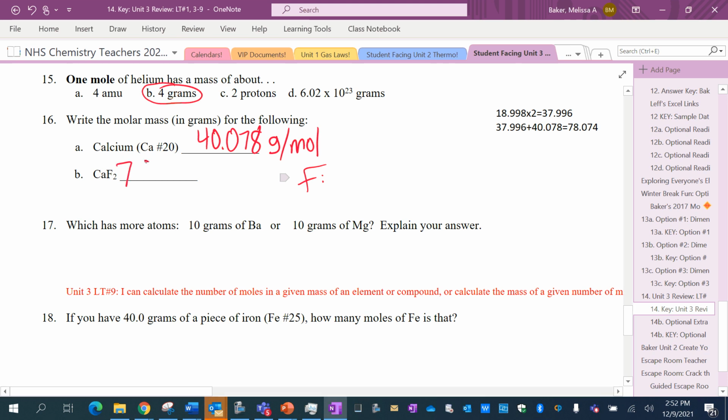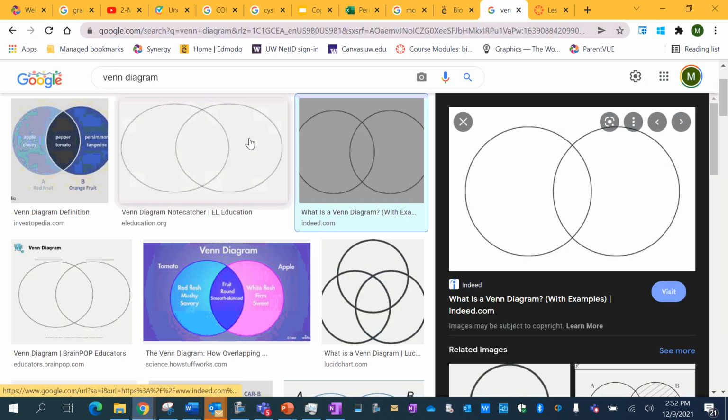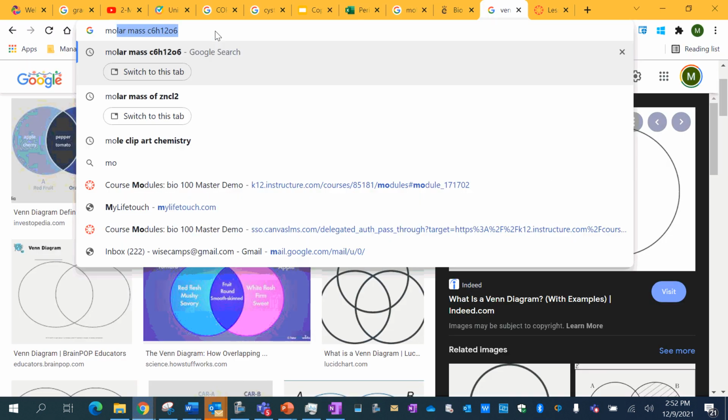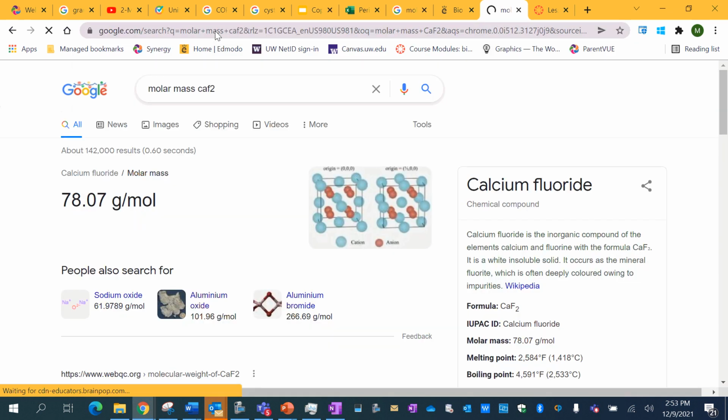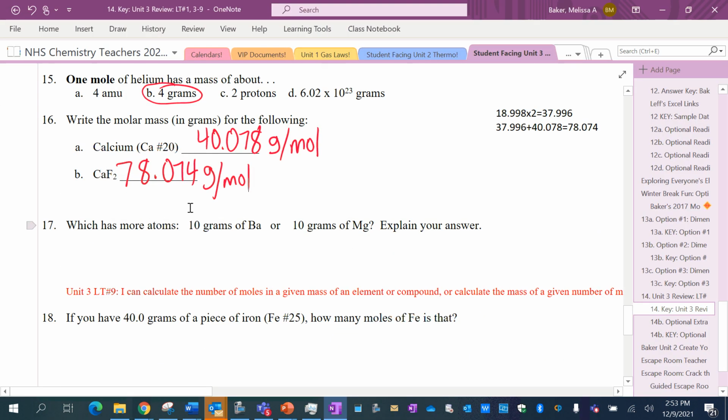And that is 78.074 grams per mole. We can always double check by doing molar mass, CaF2, 78.07. Yep, nice.